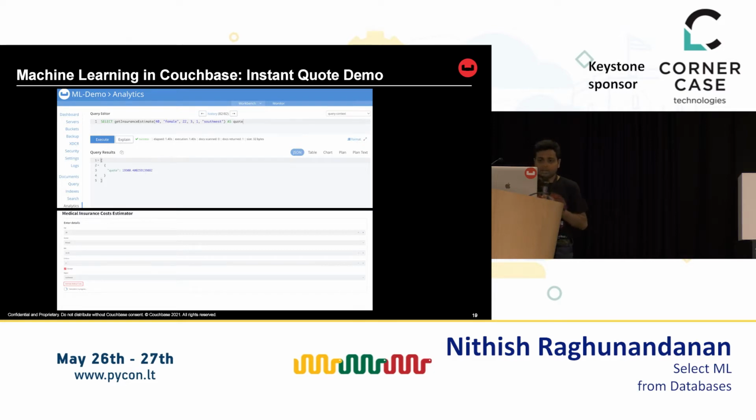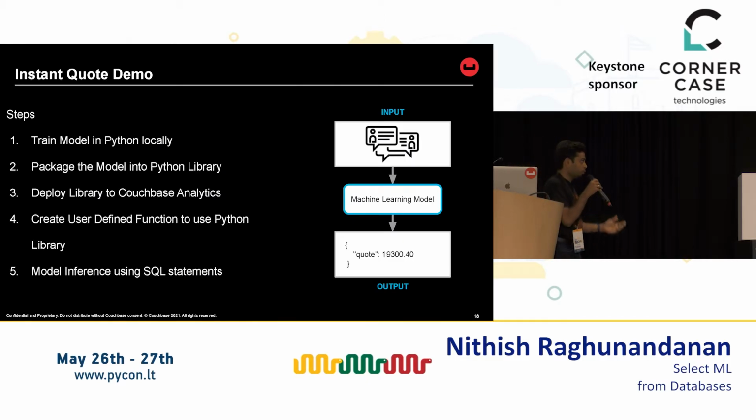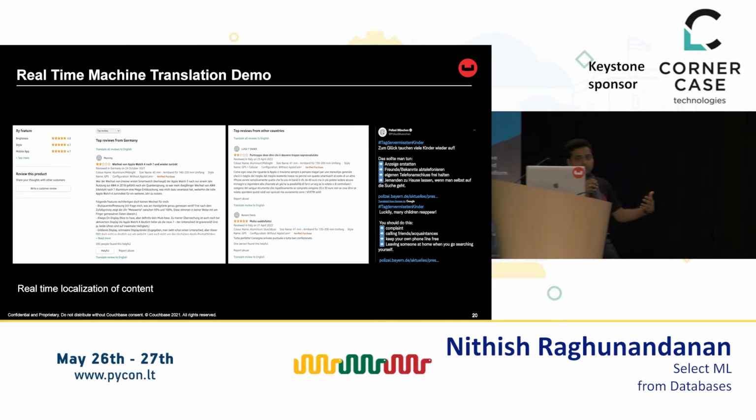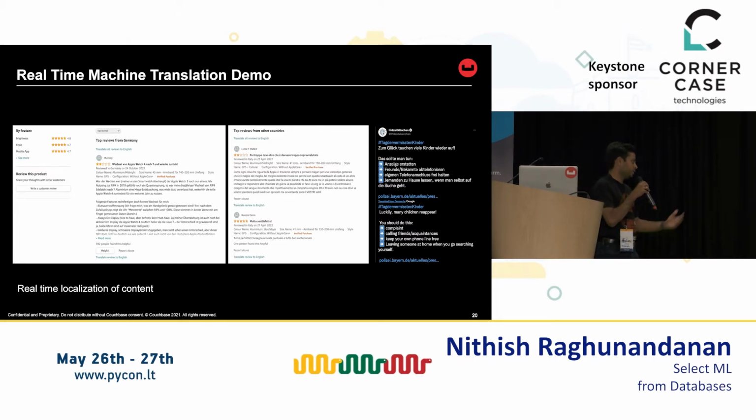You put in values for features like age, gender, BMI, smoking status, region, and children. Based on that, you get an estimated medical cost, and based on this, you can get your insurance quote. All this is done in real time. This is the workflow: you train your model locally in Python, then package it along with all the dependencies into a small package, which is deployed into Couchbase Analytics, and you create a user-defined function that would be called in your SQL statements.